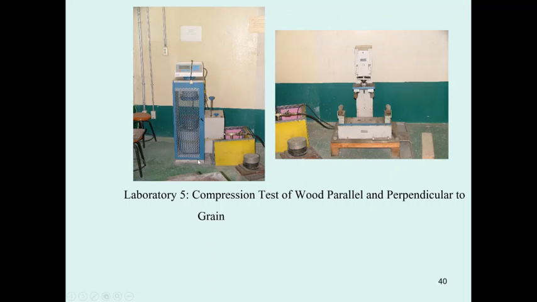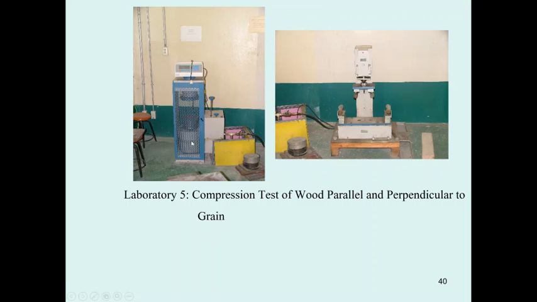This is the compression testing machine. The mechanics of this machine have a hydraulic pump here. When it's pumped, the pressure of the hydraulic pump is measured by this transducer and shown over here as the force. At the same time, the hydraulic oil moves to this lower part, and then it pushes the bottom part up, and the top is fixed.